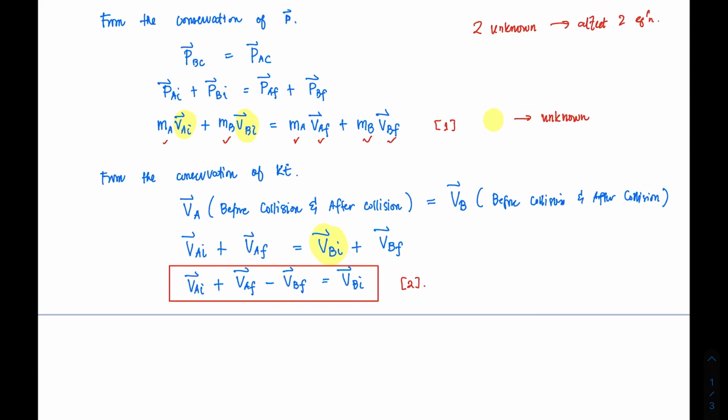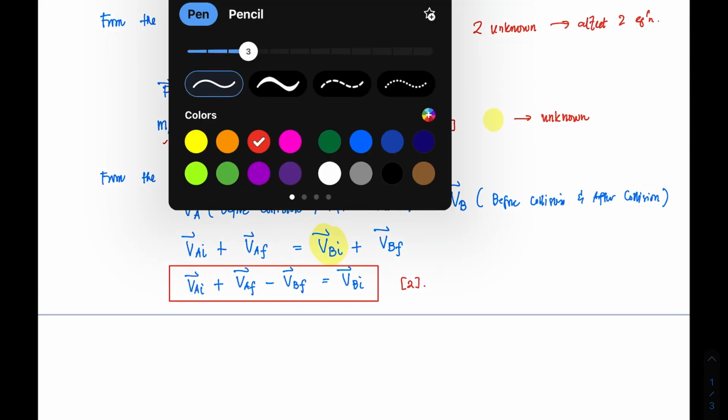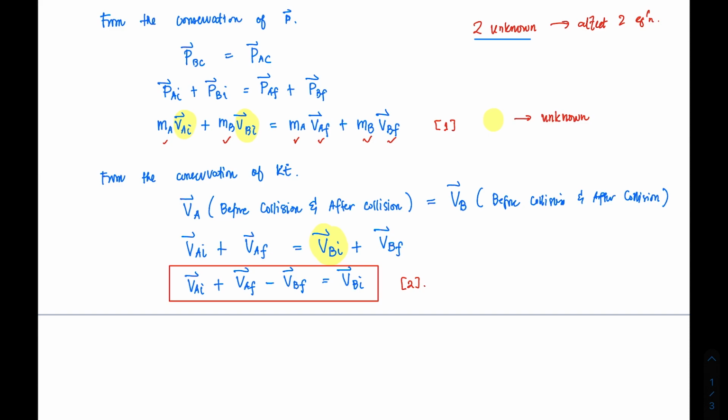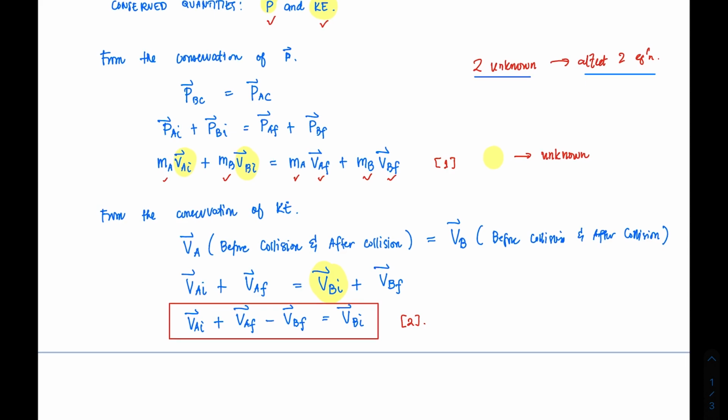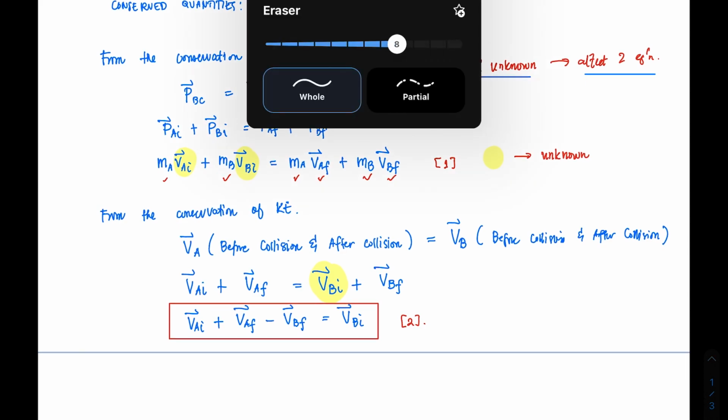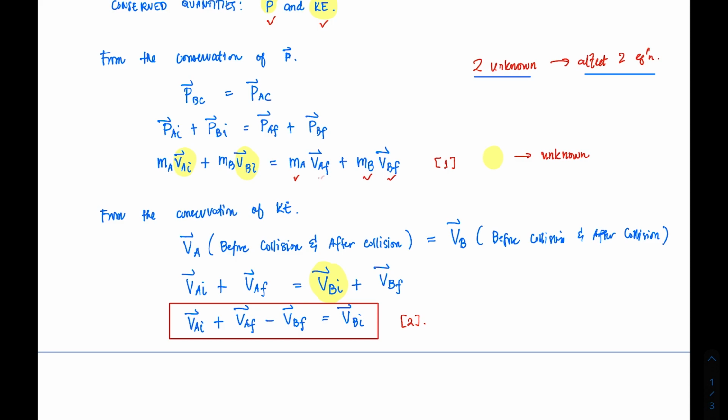Alright, so we now have two unknowns and at least two equations, so we are sure to be able to solve this one. So what we are going to do, I'm just going to erase some parts here because it's annoying me. Okay, and put it in a box.